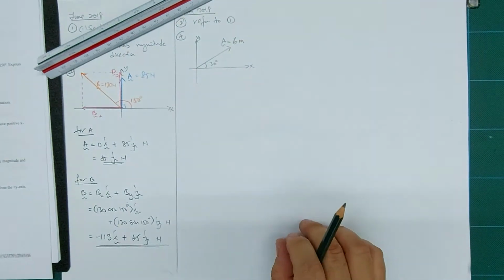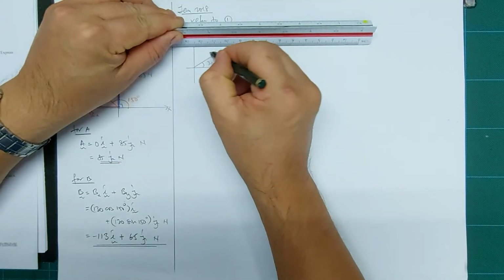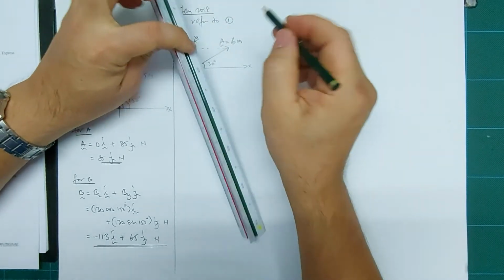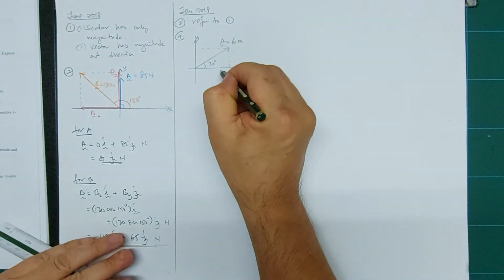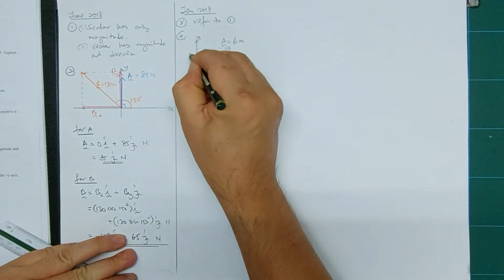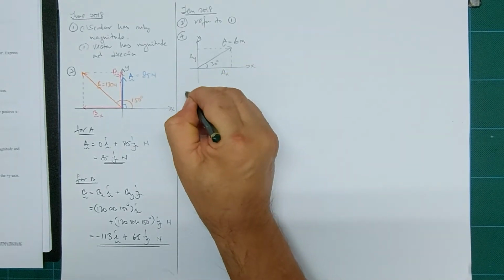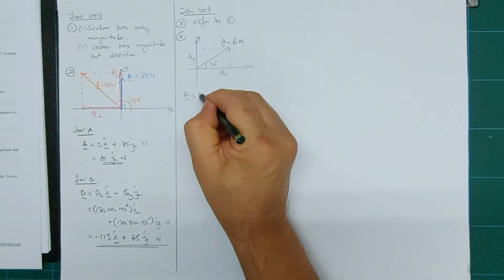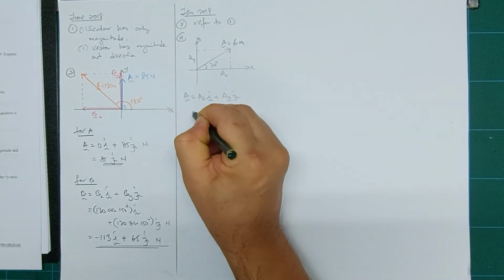So we have to express that one in ij notation. We can resolve the vector into two components, one is Ax, another one is Ay. So A is equal to Ax i plus Ay j.